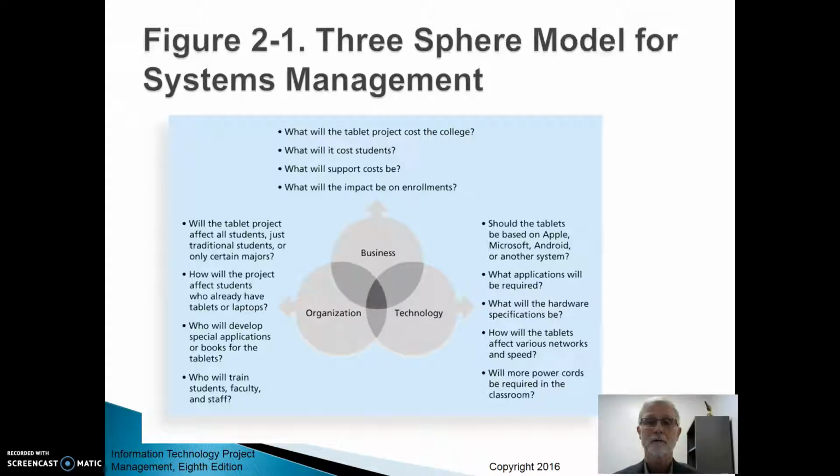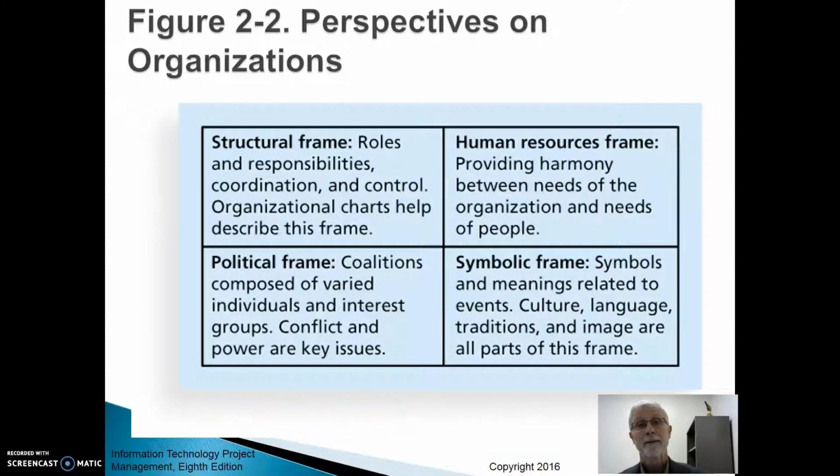Just like if it's school, is enrollment going up, going down? What does the organization need to do? Then the organization piece: how does it affect the users, the people, the developers? And then the technology piece: what kind of hardware are we going to use? What kind of software? What kind of network's going to be involved if necessary? A project manager needs to think about all three of those aspects when they're managing their project.